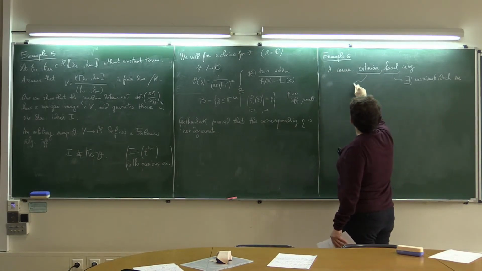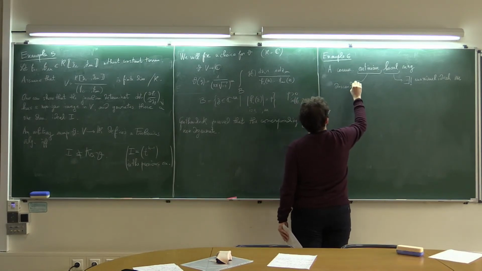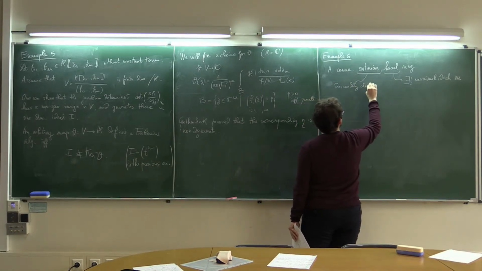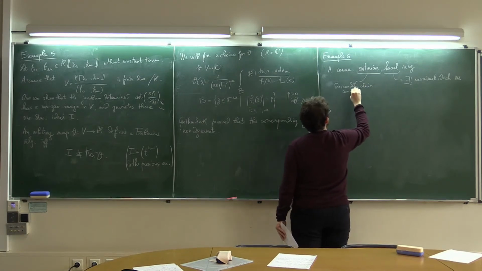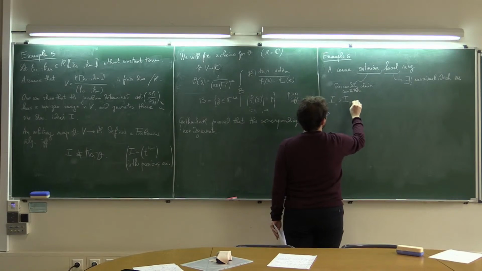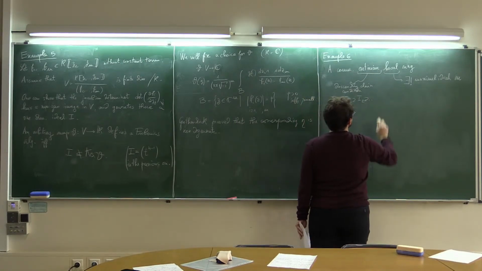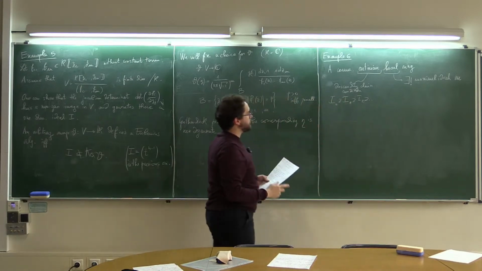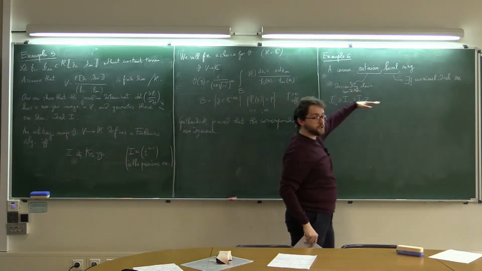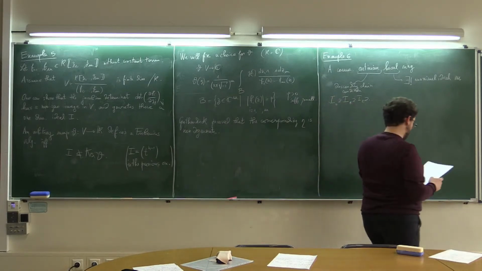Artinian means that it satisfies the descending chain condition, that is, if we have a descending chain of ideals, such a chain must stabilize at some point.